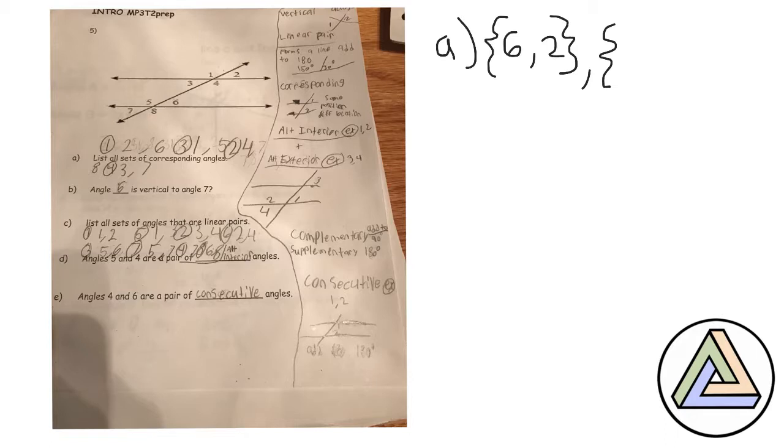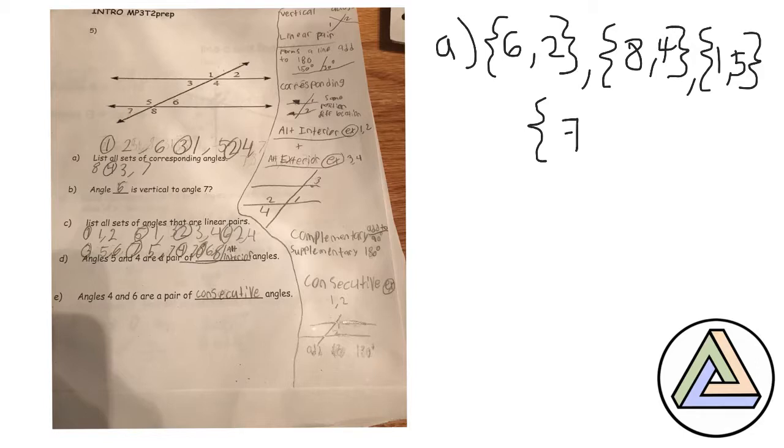Again, not sure if that's exactly what the teacher wants, but the teacher would look at it and see that it's not necessarily incorrect. So these are the sets of corresponding angles right here.